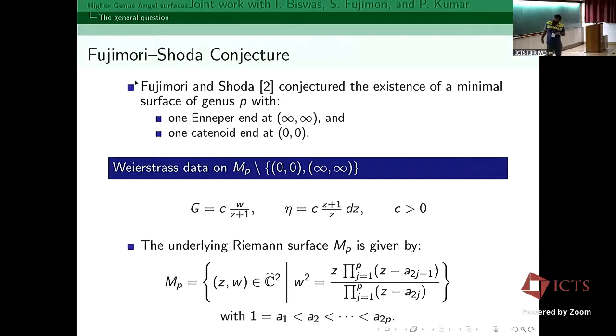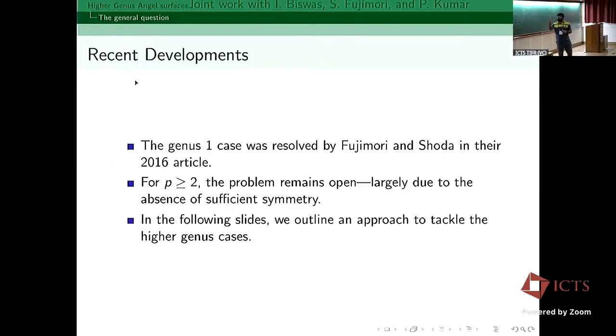We have some existence of these angel surfaces, for this Riemann surface and this Weierstrass data. The genus 1 case was actually solved by themselves, but for the higher genus case, the problem remains open. In the following slides, we will outline an approach to tackle these cases.